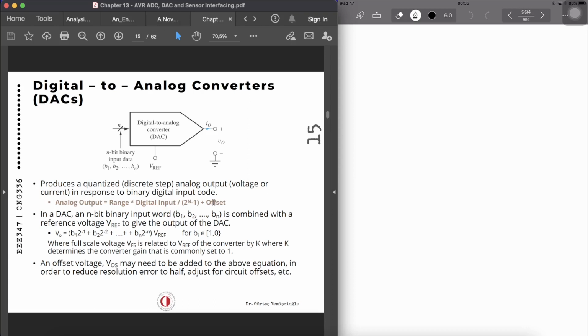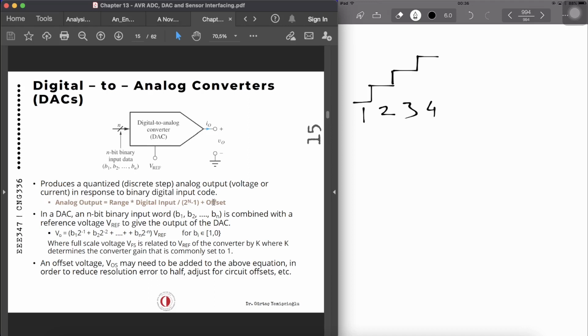Bit setting number 1 will give us a particular voltage step. Then we do bit setting number 2. That gives us another voltage step. Then we do another bit setting, which is number 3. That will give us another voltage step. And 4, and so forth, so on and so forth.